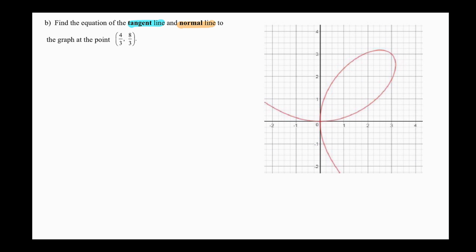I don't think we've talked about normal lines before. Normal lines are perpendicular to tangent lines. So lines that are perpendicular. Let's see. Perpendicular lines look like this, right? What's true about perpendicular lines when they cross?